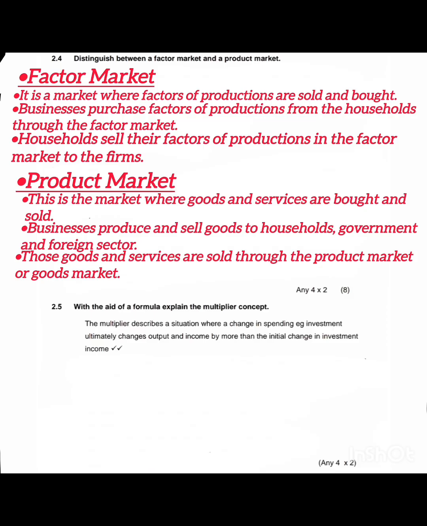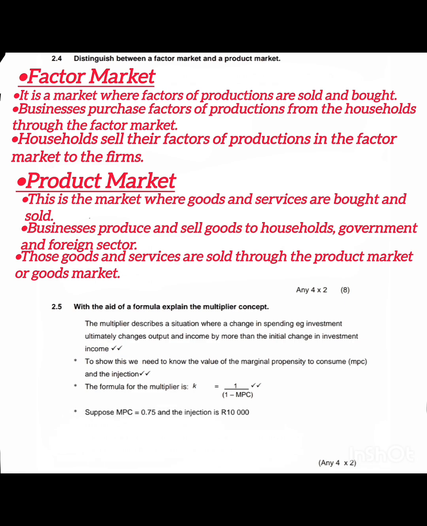To show this, we need to know the value of the MPC, which is the marginal propensity to consume, and the injections. The formula for the multiplier is K equals 1 over 1 minus MPC.